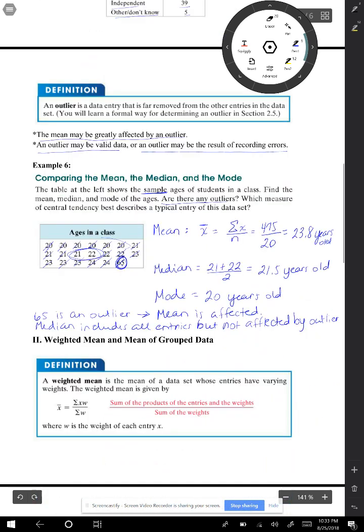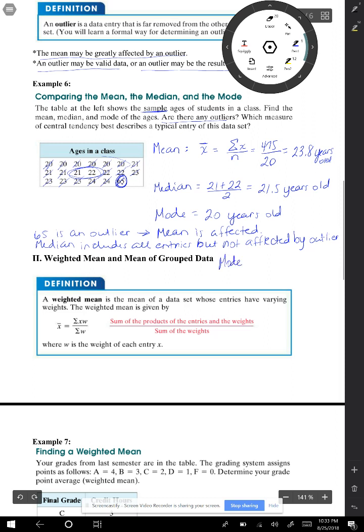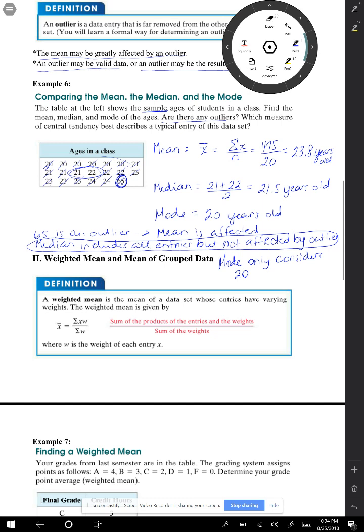And then the mode, remember the mode only ever considers one number. So the mode only considers that one entry that occurs more than the others. So it only considers the 20. So if you were going to best describe this data set, the median would be the one that you would want to use because it included all the entries and was not affected by the outlier.